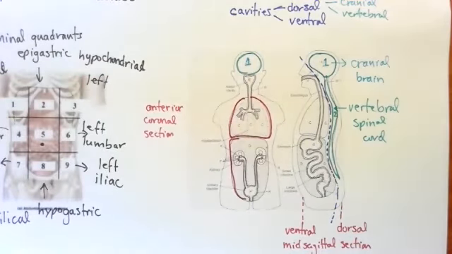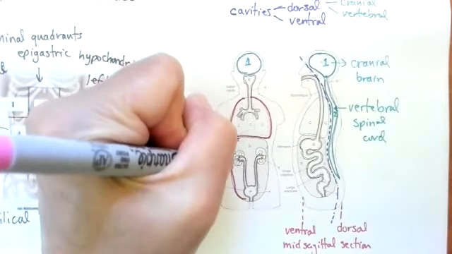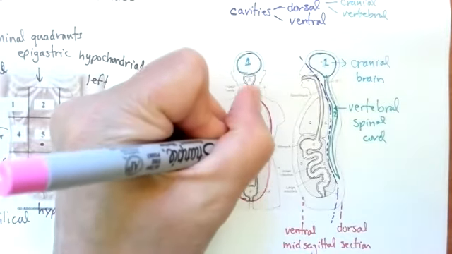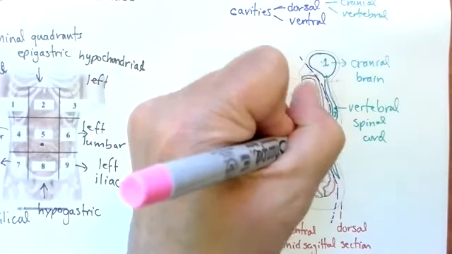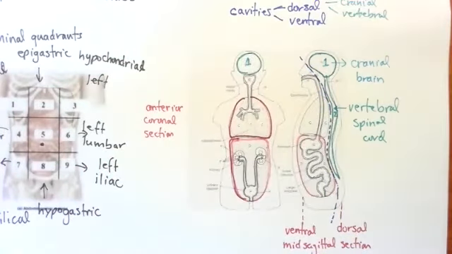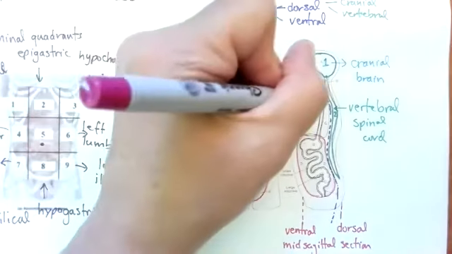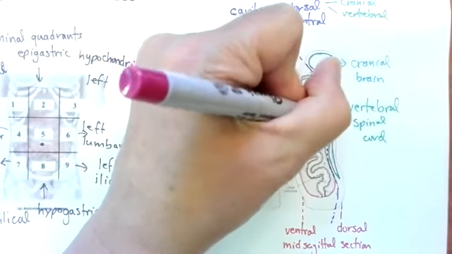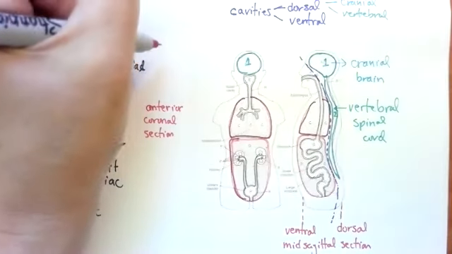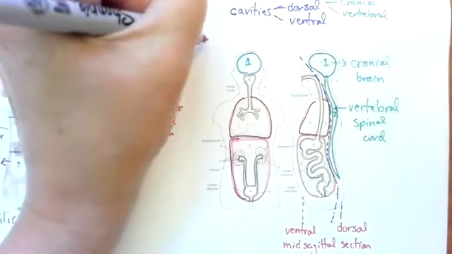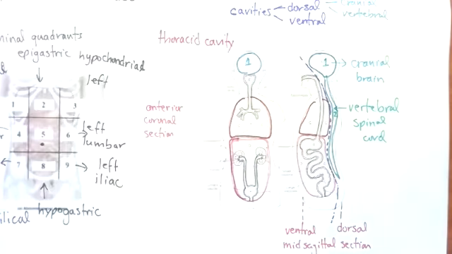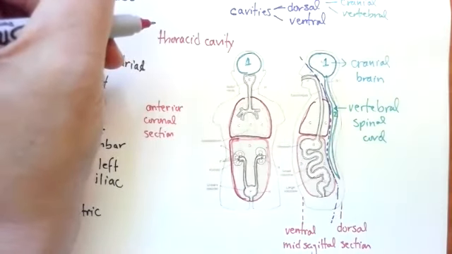I'm going to go light pink. Light pink and dark pink. So in hot pink, I have the thoracic cavity, commonly known as the chest cavity.